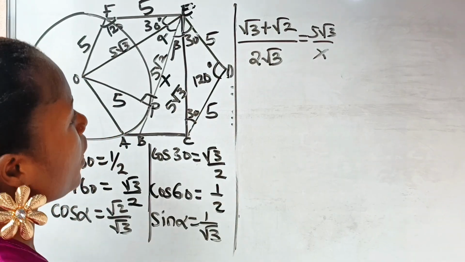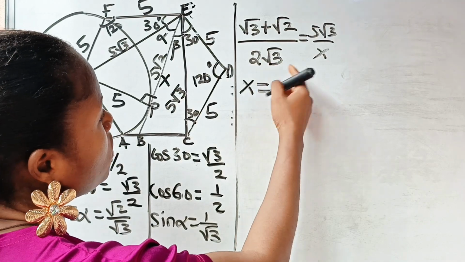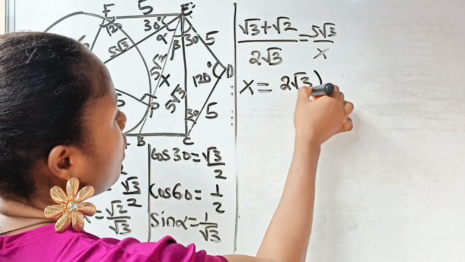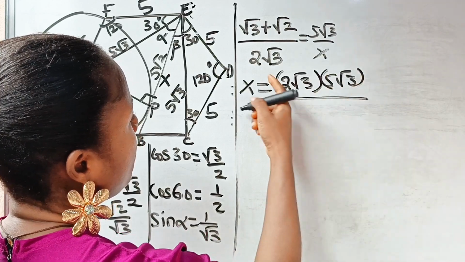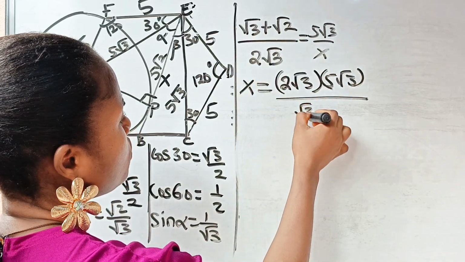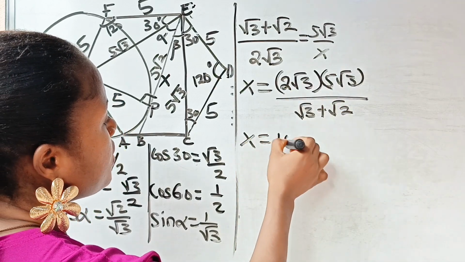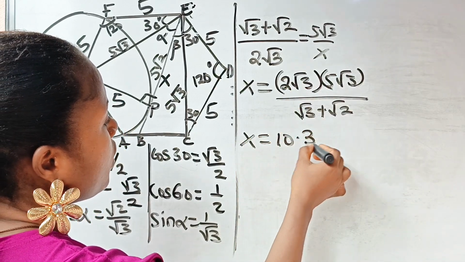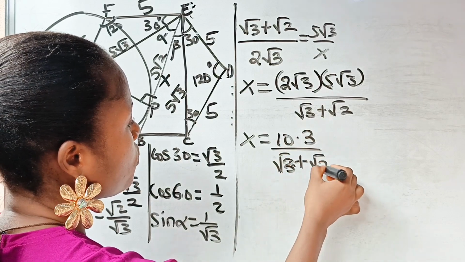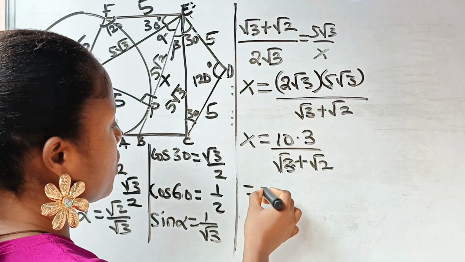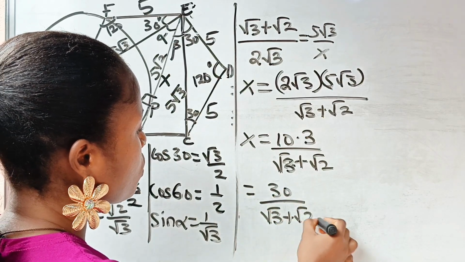Now, we can say that X is equal to 2√3 multiplied by 5√3 divided by what? √3 plus √2. So X will be equal to 2 times 5 is 10, √3 times √3 is 3, divided by √3 plus √2. So this is equal to 30 divided by √3 plus √2.